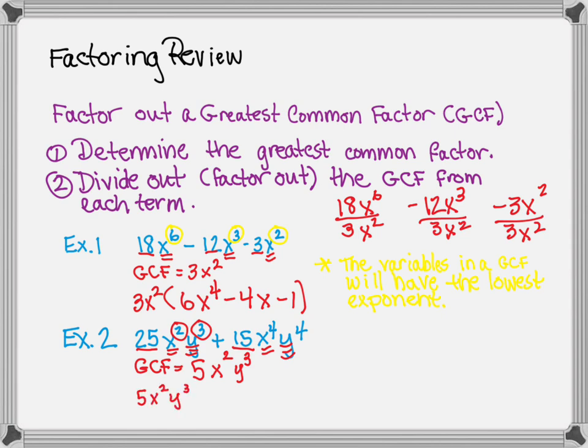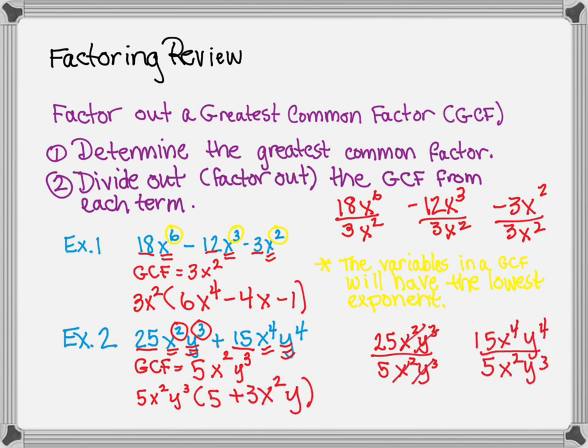So now we'll factor that out of both of our terms. So we have 25x squared y cubed divided by 5x squared y cubed. So 25 divided by 5 is 5, and the x squared y cubed cancel out.